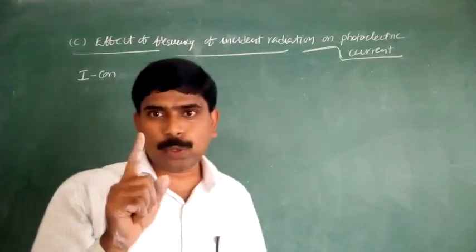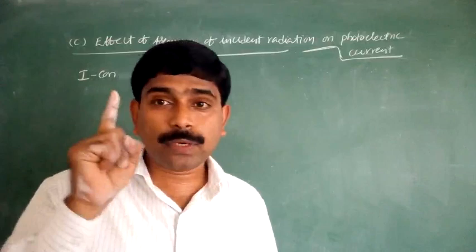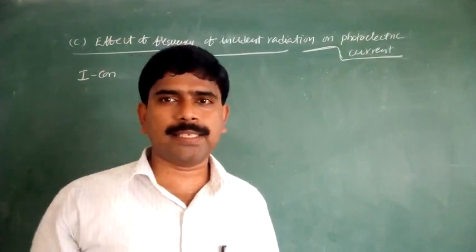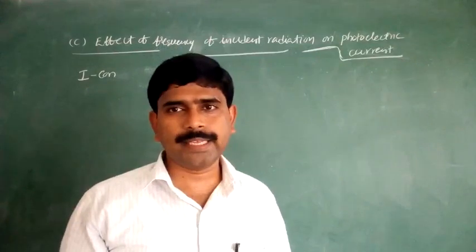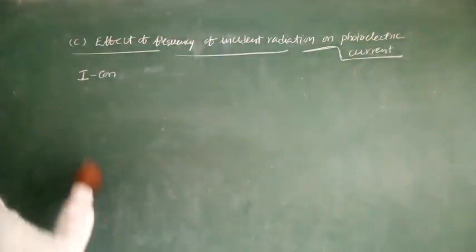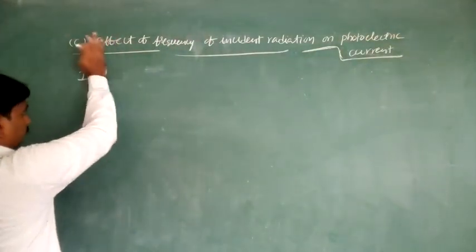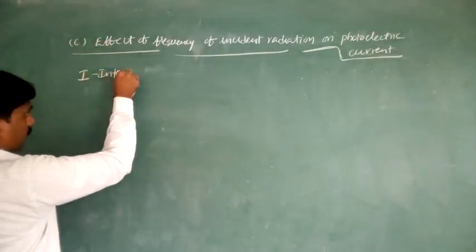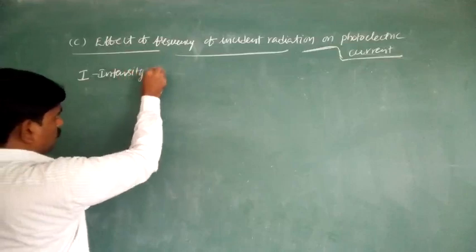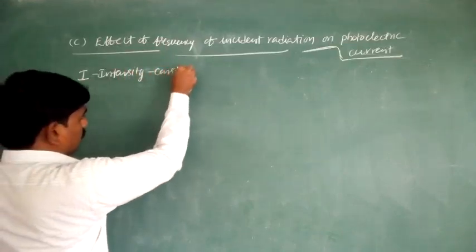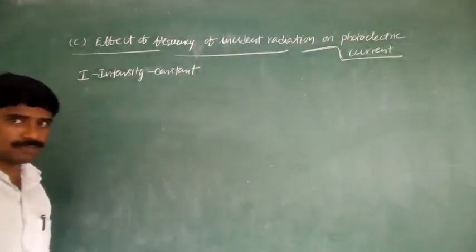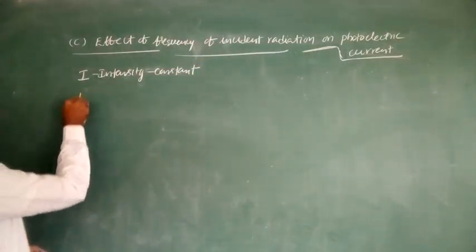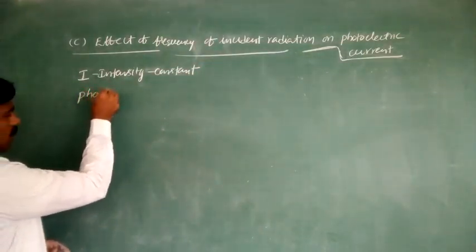Remember, small i is the photoelectric current, and capital I is the intensity of incident radiation. The intensity is kept constant, but the frequency changes. I will discuss the frequency also. Here the photoelectric metal is also constant.